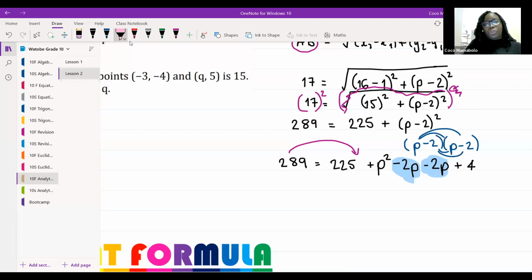So I'm going to have 225 plus 4, and then the 289 is going to come over. Guys, what's going to happen to positive 289 when it comes over? Good, Puseleto's got the right idea. It's going to become negative, so I'm going to have minus 289.